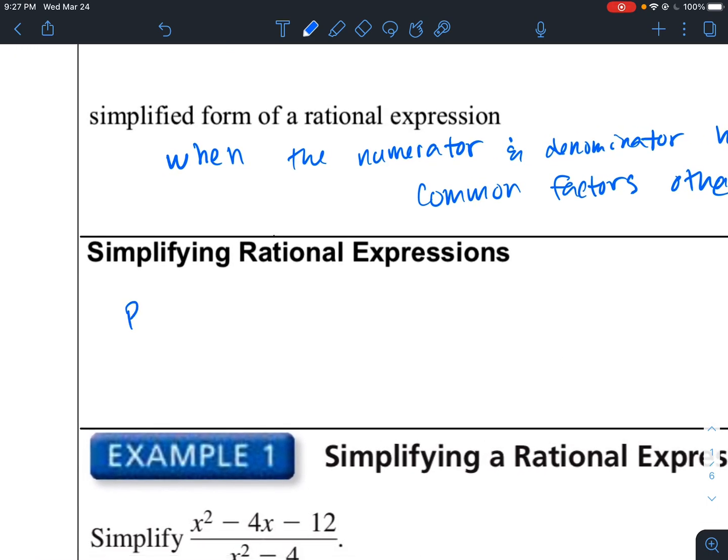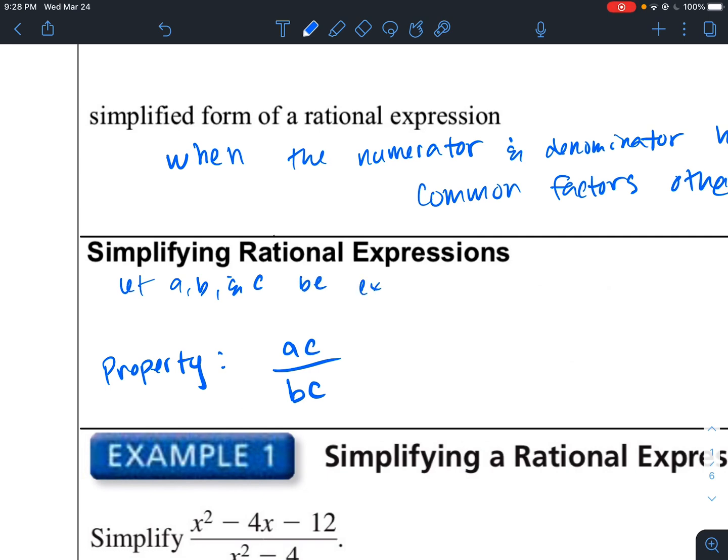Given a times c divided by b times c, this is a rational expression. First, let a, b, and c be expressions with b not equal to 0 and c not equal to 0.